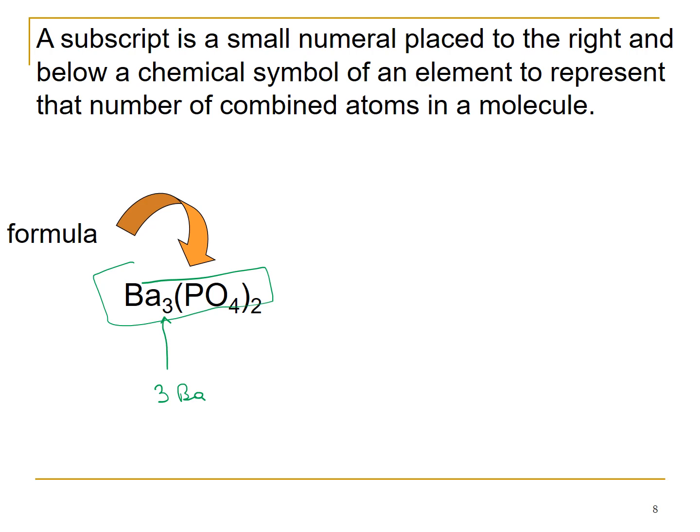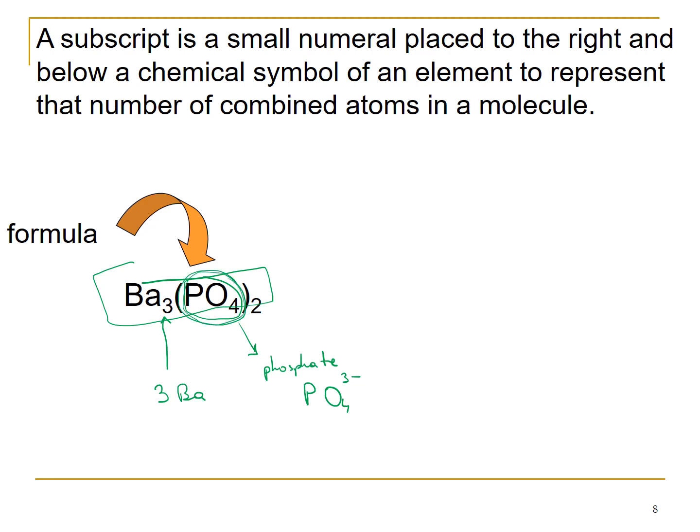This formula represents 3 bariums. It also means that if it's in the parentheses right here, this is the phosphate ion, and that's the formula of the phosphate ion. It's PO4 3 minus.